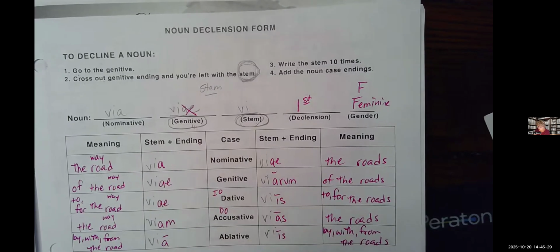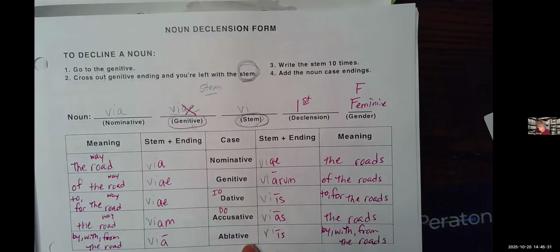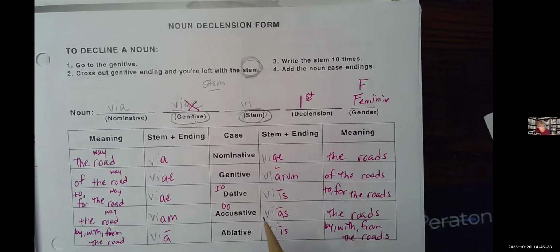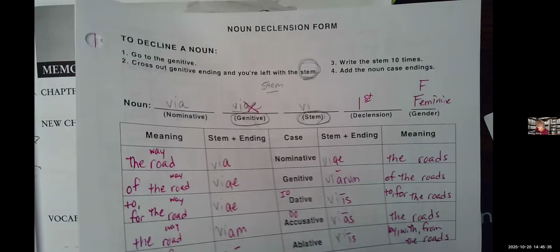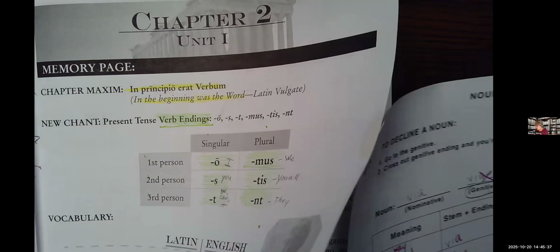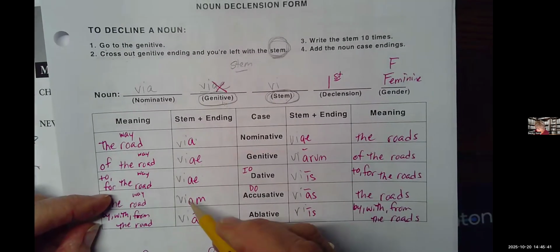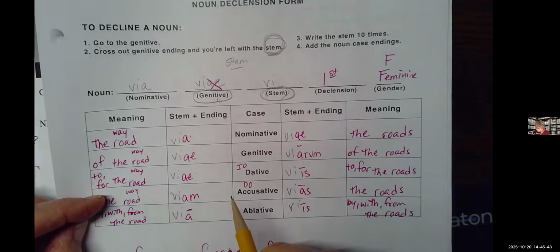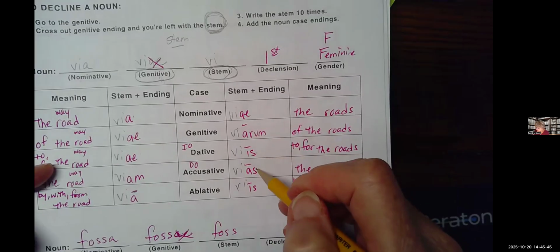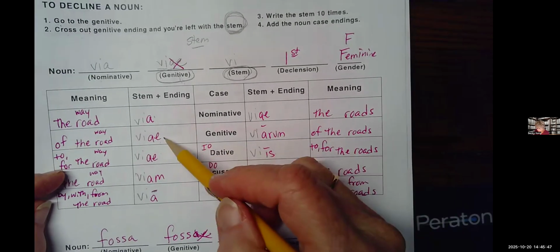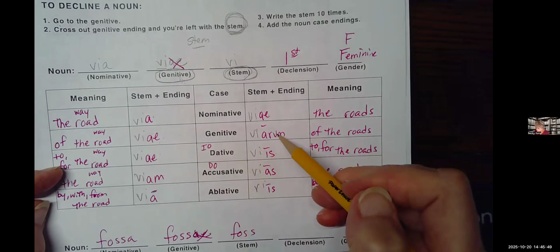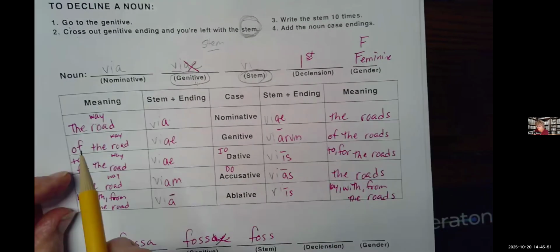Then you write that stem 10 times, 5 in the singular column, 5 in the plural column, and then you add those endings. Which is what we did. Make sure you put a long mark over that. Then write the English.